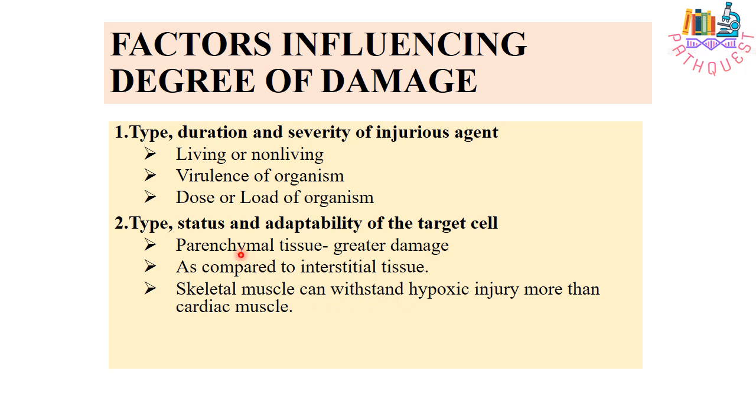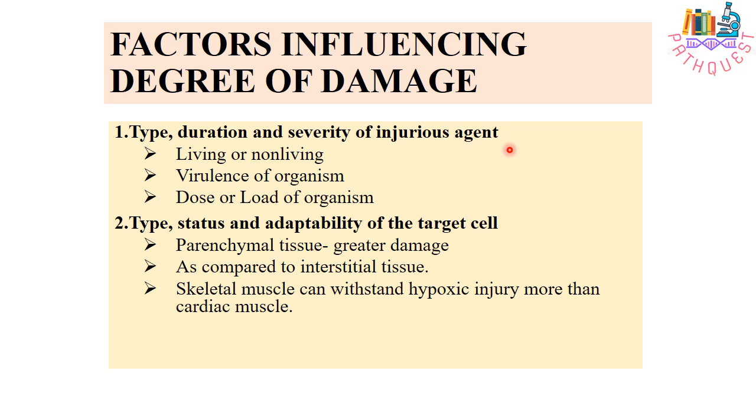So, the first factor is type, duration, and severity of the injurious agent. Whether the injurious agent is living or non-living. Living include infectious agents or microbes like bacteria, viruses, fungi. Non-living agents include mechanical agents, physical trauma, radiations, chemical agents, drugs, etc.